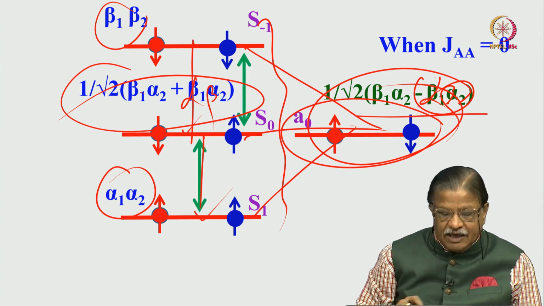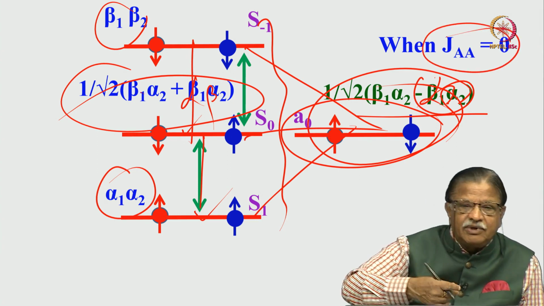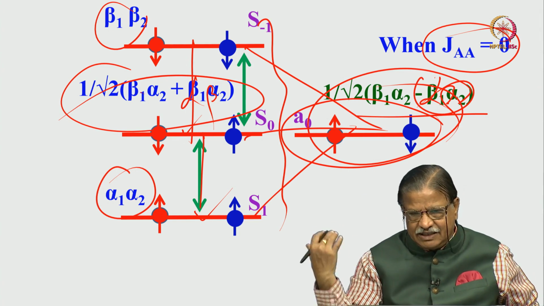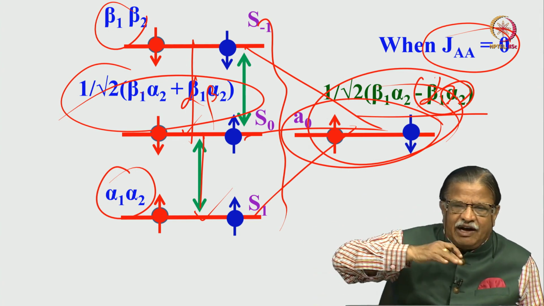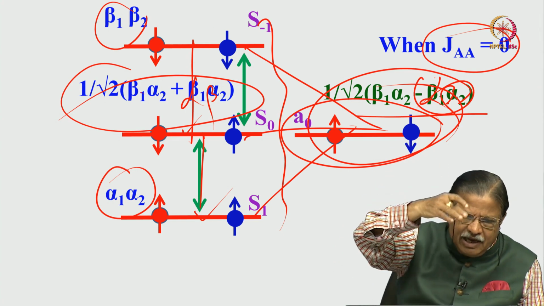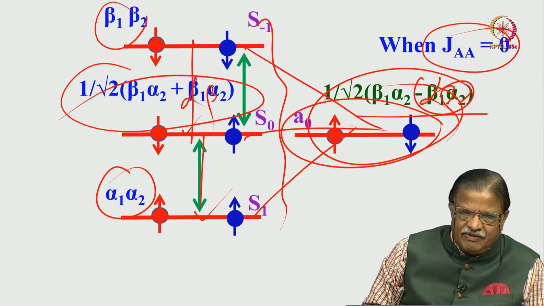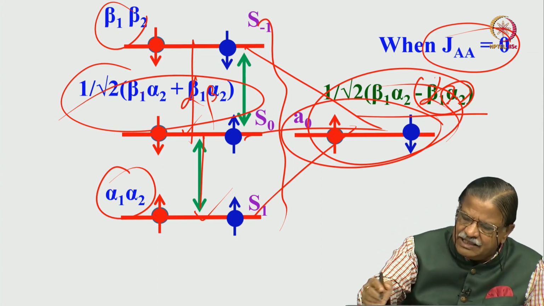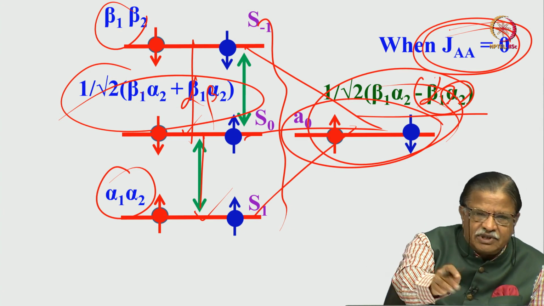Now, let us see what happens when the coupling is 0: there is no shifting of the energy states. As I said, only when there is a coupling do the energy levels alpha alpha get shifted up by J by 4, and similarly alpha beta and beta alpha shifted down. That is what we have been discussing for weakly coupled. In this case of JAA equal to 0, there is no more shifting of the energy states.